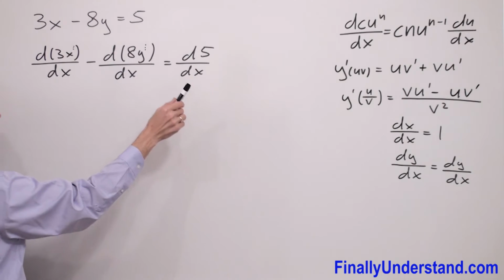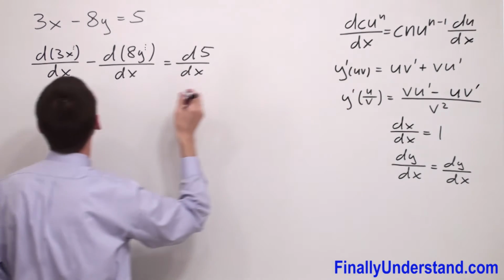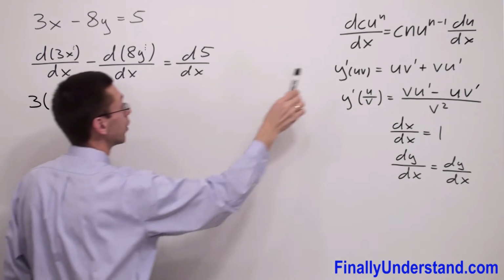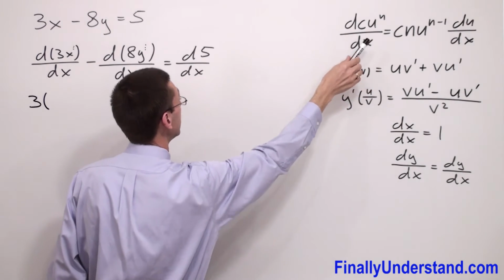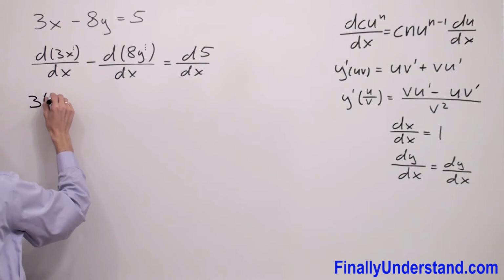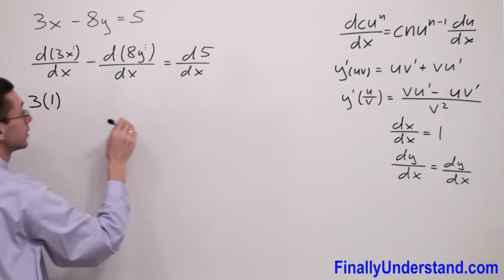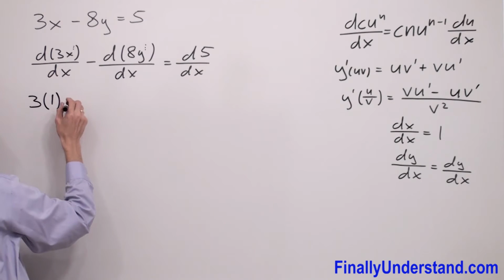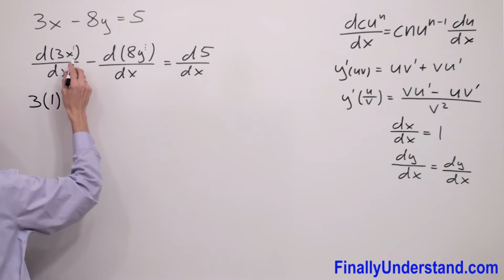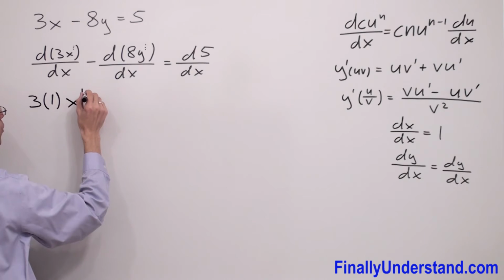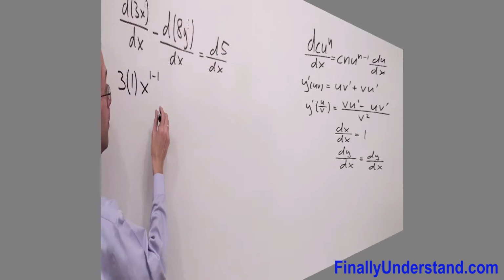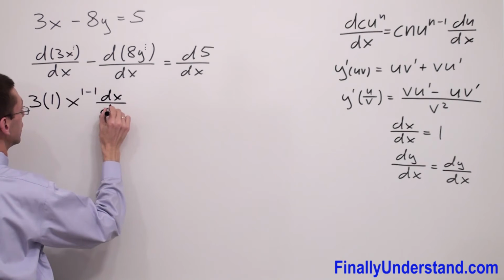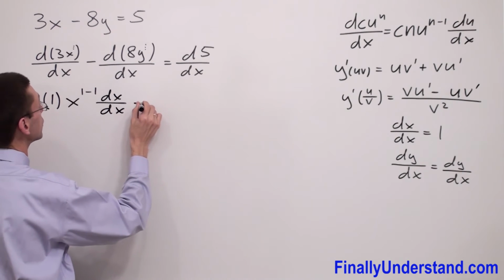First I'm supposed to write the constant. My constant is equal to 3. Next I'm supposed to write the exponent, and my exponent is an invisible 1. Next I have my variable, in my case this is x, and exponent minus 1, so I have 1 minus 1 times the derivative dx over dx, minus.